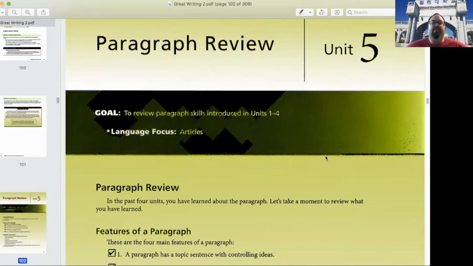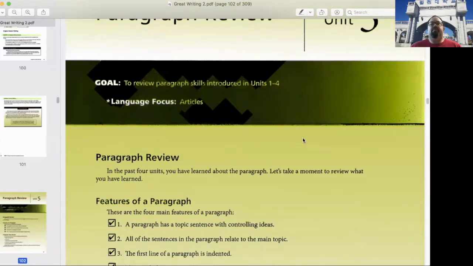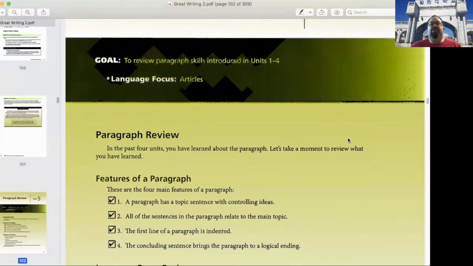I'm still enjoying reading your paragraphs that you write for homework every week, so keep up the good work on those. Today we're going to bring together all of the things we've learned so far about paragraphs and do a few activities to continue practicing, and then I'll give you some writing homework at the end of the lecture.